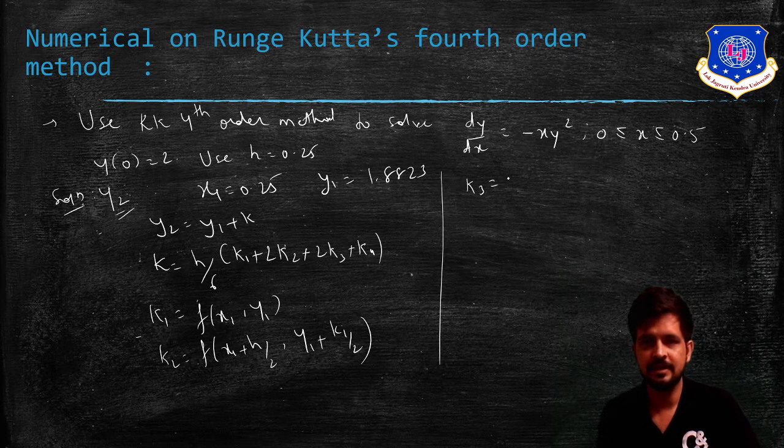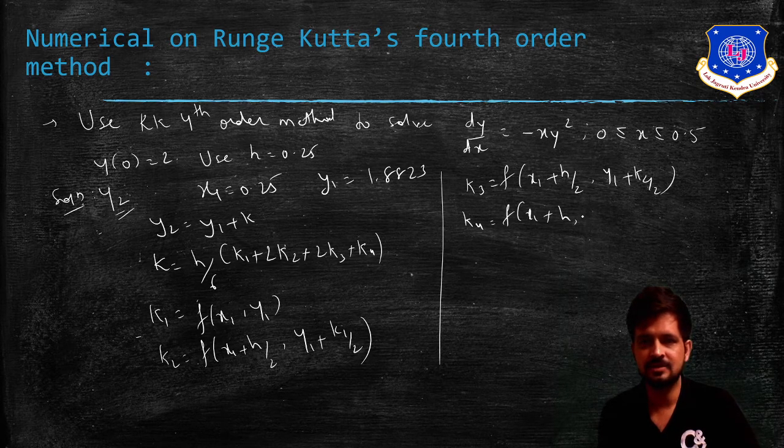What will be k3? f of x1 plus h by 2 and y1 plus k2 by 2. And k4 is f of x1 plus h and y1 plus k3.